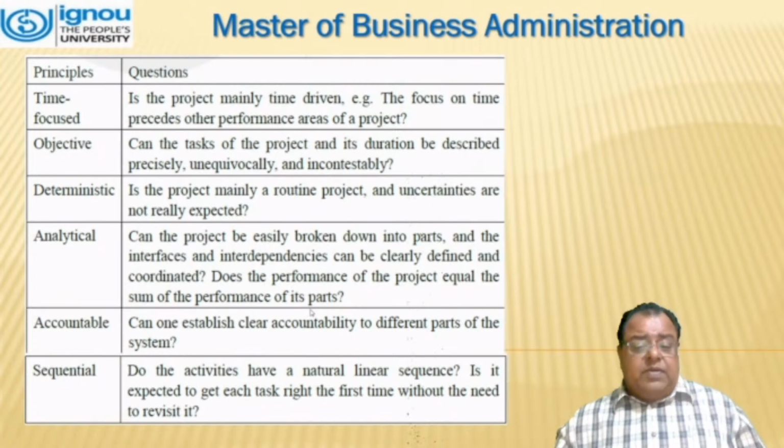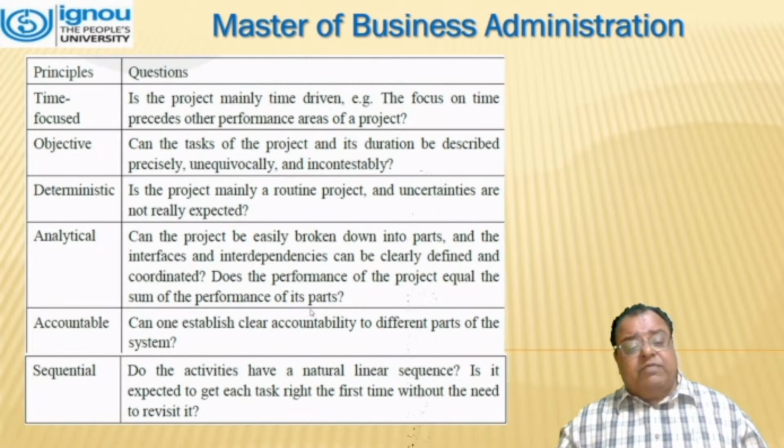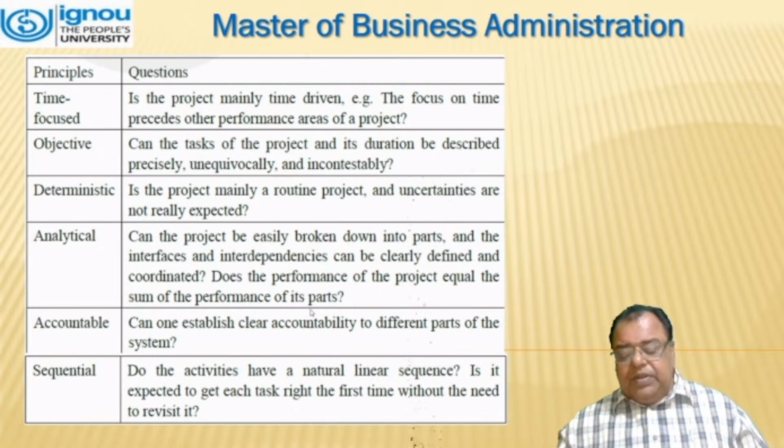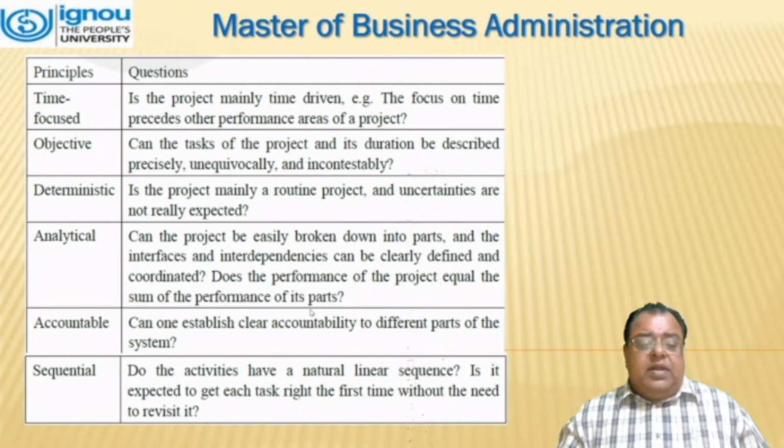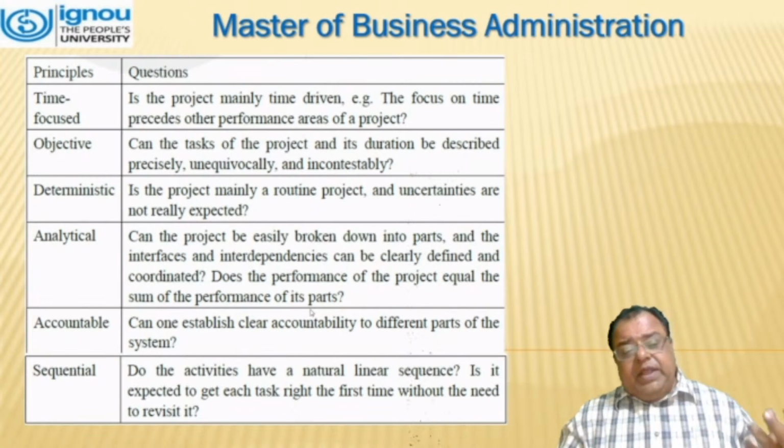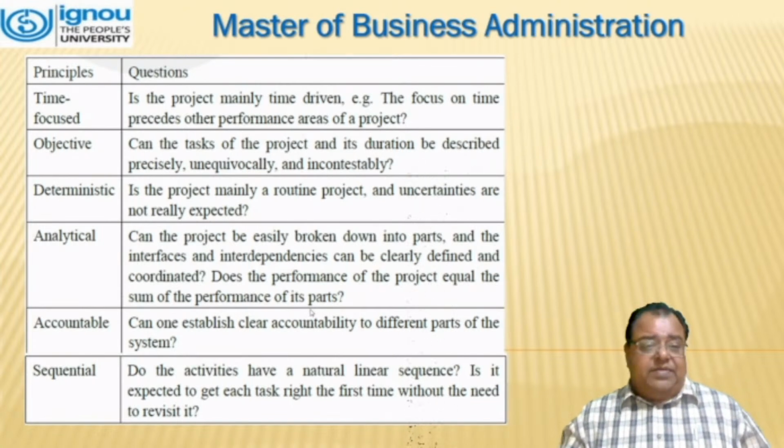Does the performance of the project equal the sum of the performance of its parts? Next one is accountable. One can establish clear accountability for different parts of the system. Sequential. Do the activities have a natural linear sequence? Is it expected to get each task right the first time without the need to revisit it?